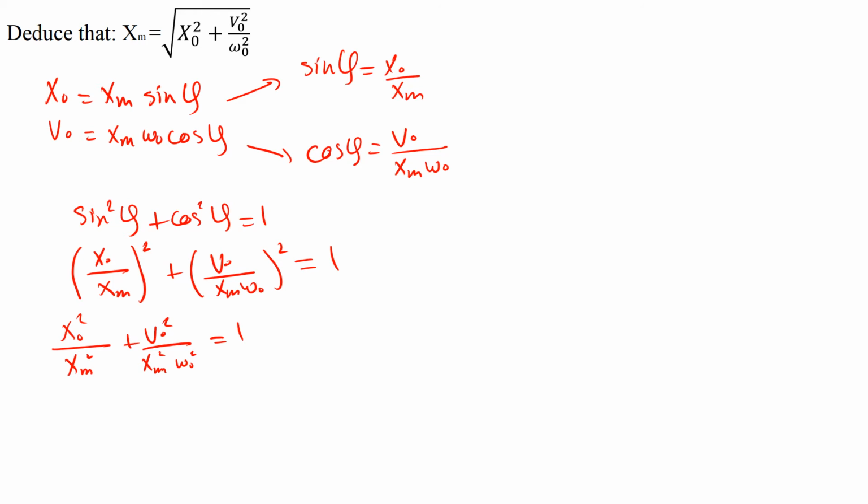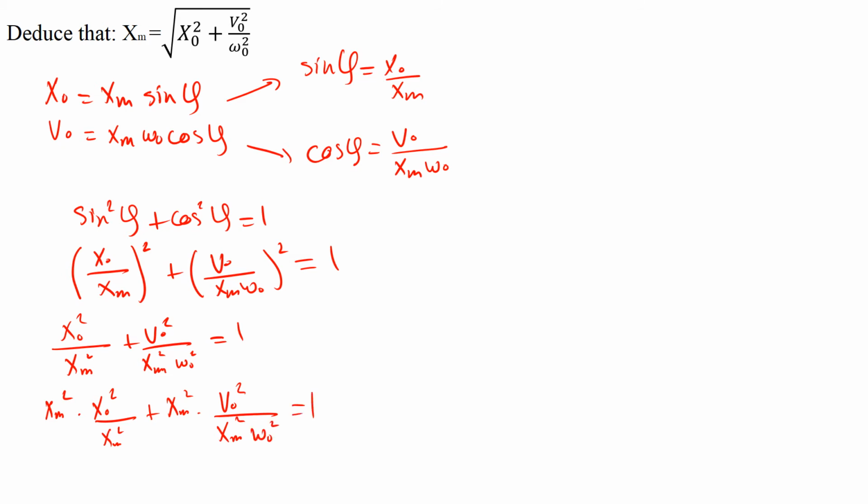Okay. We're looking for xm. xm is in the denominator of the fraction. So if we multiply both sides of the equation by xm squared, this will cross out, this will cross out, we will get an xm squared there. So it will be xm squared multiplied by x0 squared over xm squared plus xm squared multiplied by v0 squared over xm squared omega 0 squared equals xm squared.